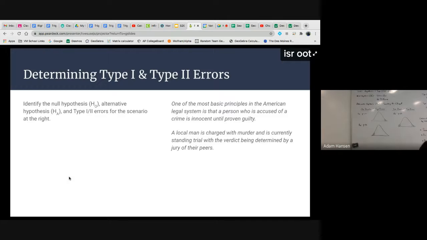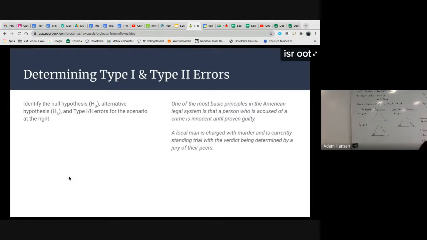We put a guilty man on the streets, right? We don't send the guilty man to jail. A false negative. We fail to reject a false null hypothesis. The null hypothesis is false. He's actually guilty. We fail to say that, and put him on the streets. We acquit a guilty person.